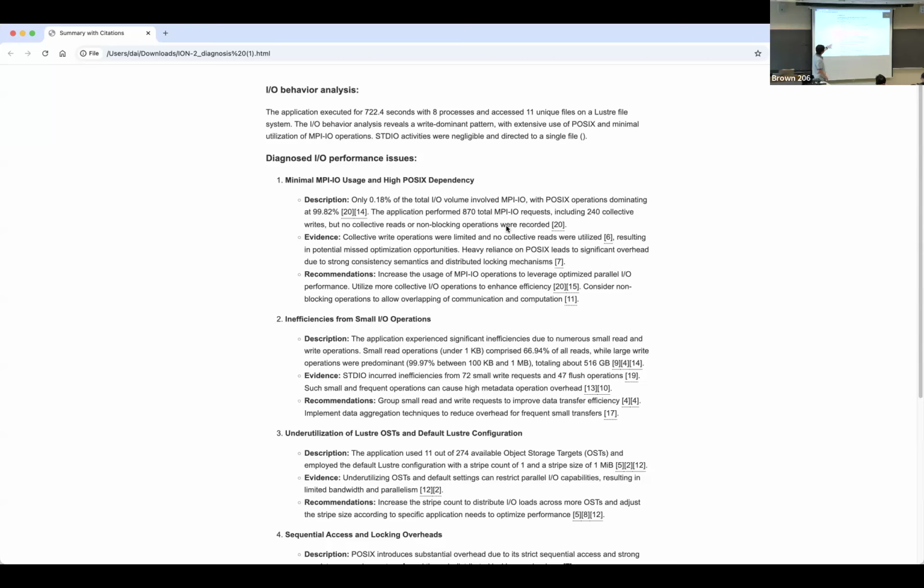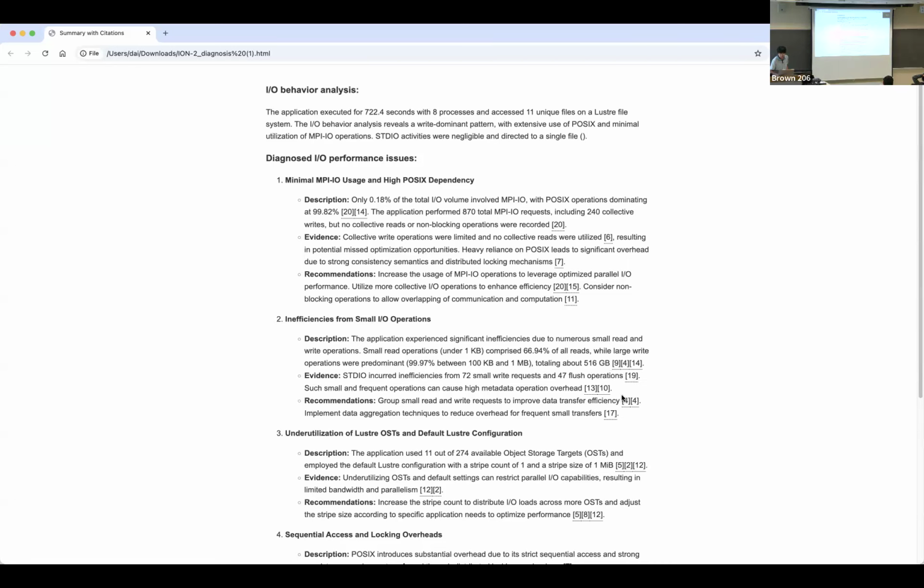We also provide the recommendation right after the description of the issue. For example, there is a small write issue: 67% of the writes are small, 1 kilobyte, and here is the evidence for why we think that's a problem. This is the recommendation, and the recommendation came from certain papers.